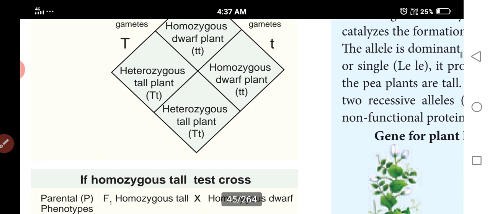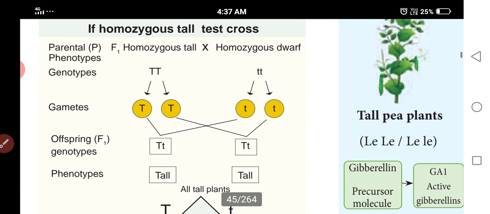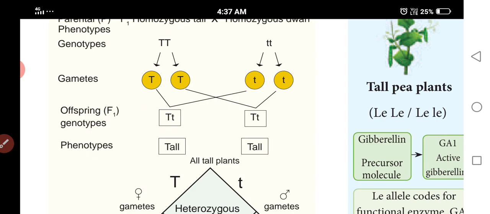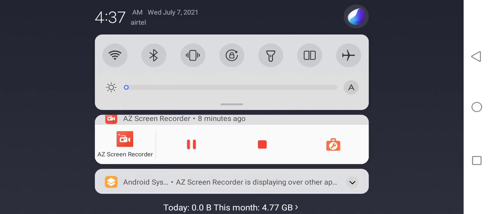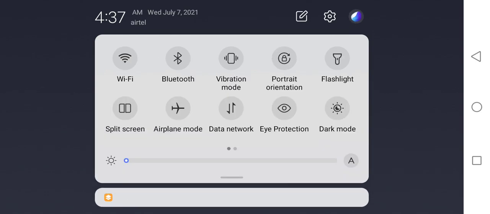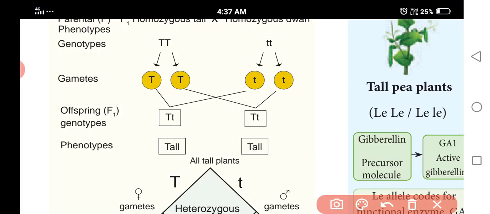So this is the test cross with homozygous tall, capital T, crossed with this recessive parent. Do you understand?